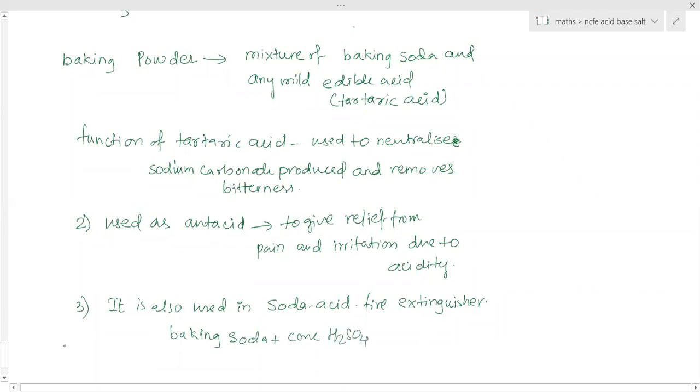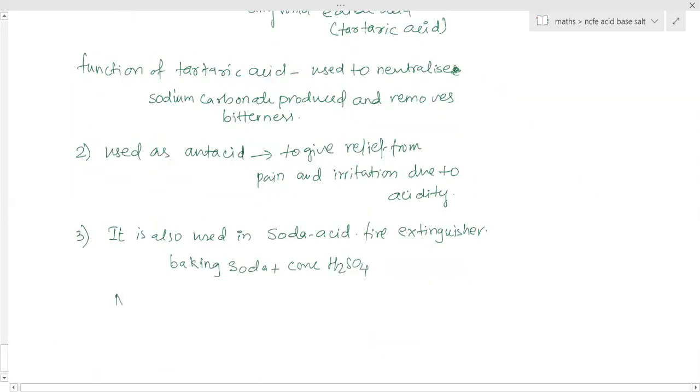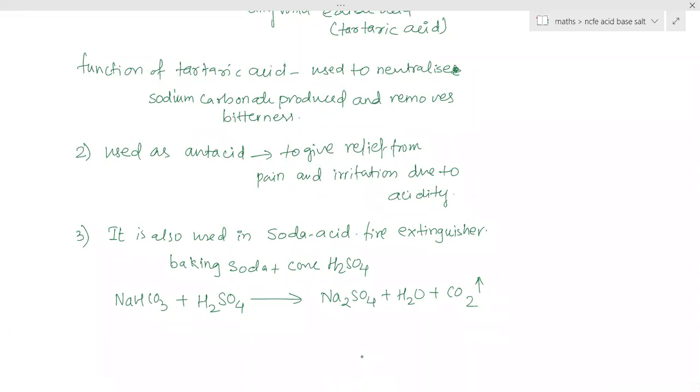When baking soda, that is NaHCO3, combines with H2SO4, it produces Na2SO4 plus H2O plus CO2 gas. This carbon dioxide gas moves out and extinguishes the fire. So for this purpose, we use it in the soda acid fire extinguisher.